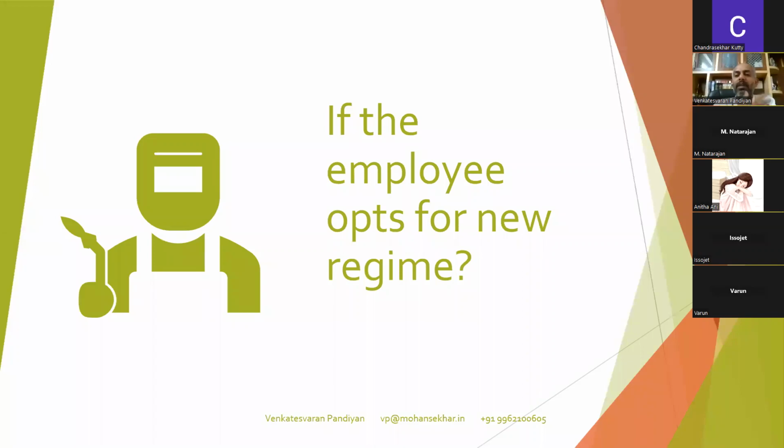Suppose an employee comes and says, I would like to avail 115BAC, the new regime. Is the employer bound to take it into consideration? The answer is yes. The employer should take it in writing, then deduct tax computed as per the new regime, 115BAC.